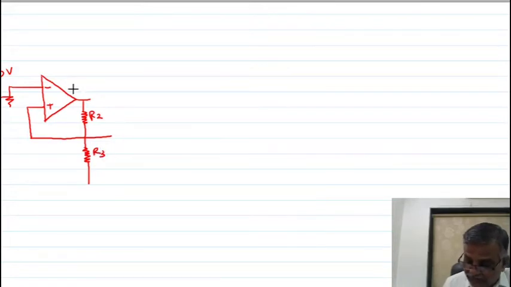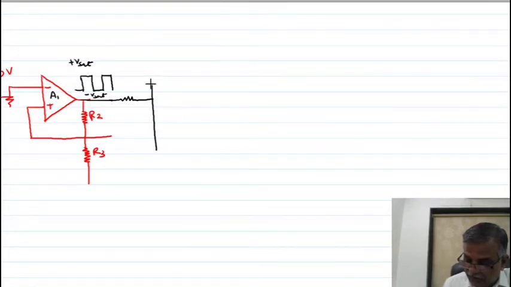The output of A1 is a square wave. It is either plus V_sat or minus V_sat, and it is given to the negative terminal of the integrator circuit.